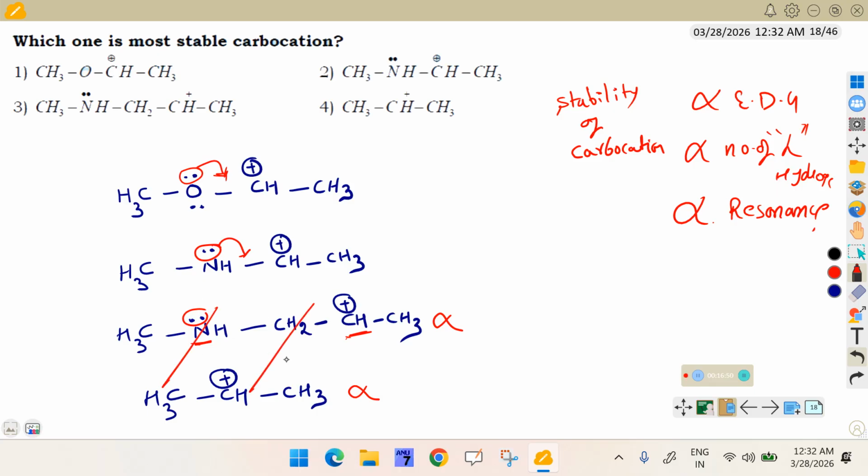So third option and fourth option are ruled out. Now in both cases resonance is possible. We know that oxygen is a more electronegative element compared with nitrogen. More electronegative elements do not donate a pair of electrons easily, but less electronegative elements donate a pair of electrons easily. So the correct option is the second option.